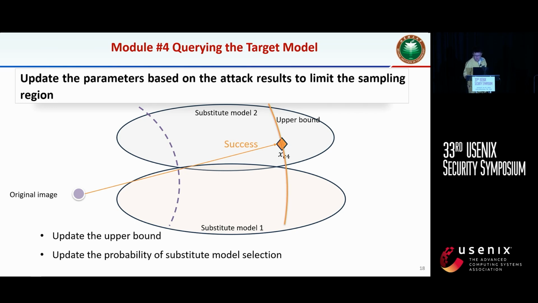So that's the process of the attack. And finally, when the difference is below a predefined threshold, we find the final adversarial example.